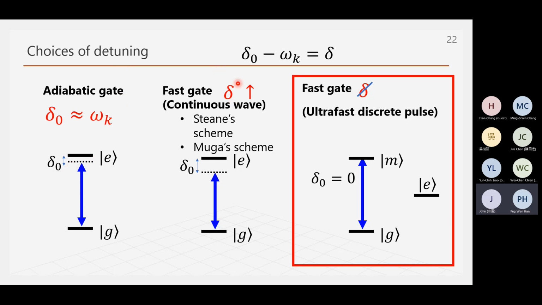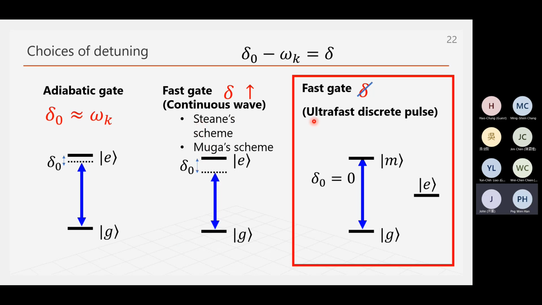For a fast gate, if we're using continuous wave, we can increase this detuning. This fast gate is based on the same idea as the adiabatic gate, but we only need to do a little modification to our theory. Essentially, they are based on the same theory.